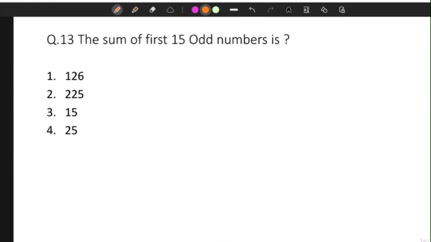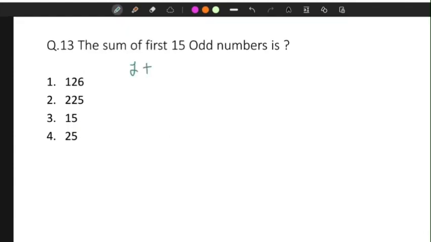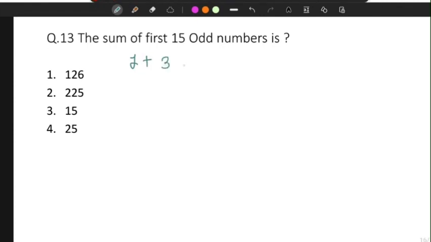Now this is the question I really would like to highlight, because many of the students start actually doing the addition. Here is a small trick for you guys. So let us understand the trick first. For example, I have 3 odd numbers: 1 plus 3 plus 5.